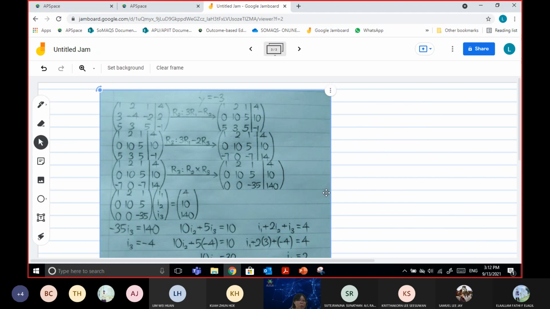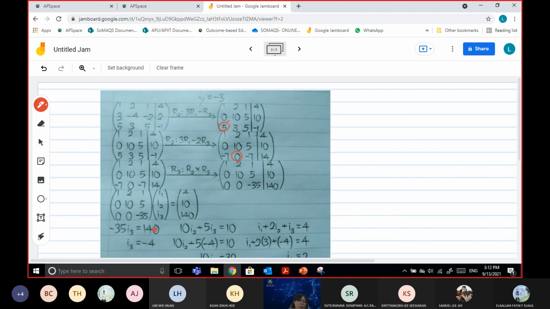So if we refer to the workings from Wei Huan, he changed this to 0. Normally, we will change the 0 on the first column, the third value. We will proceed to change this as a 0, but he didn't change this to 0, but he changed this to 0.